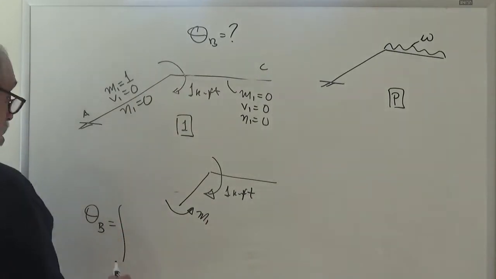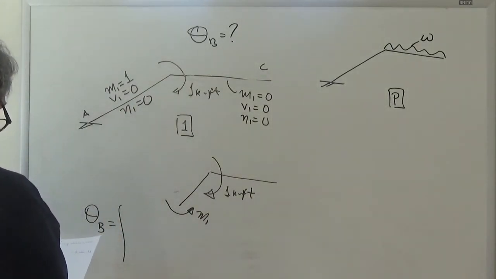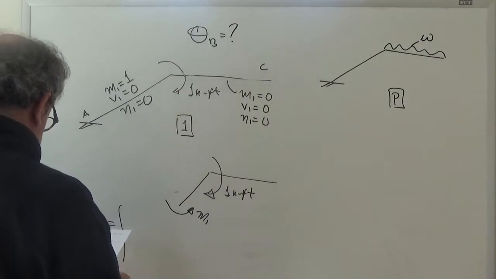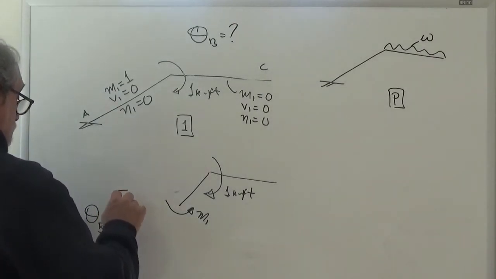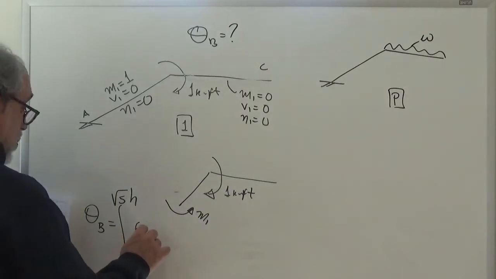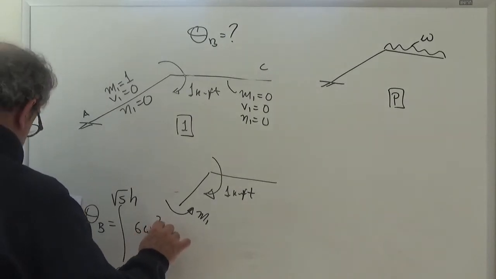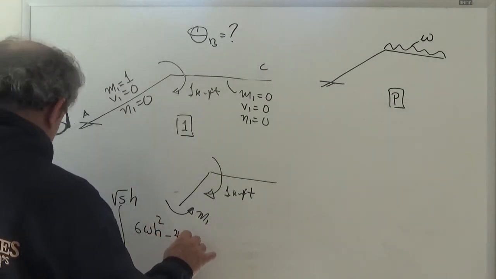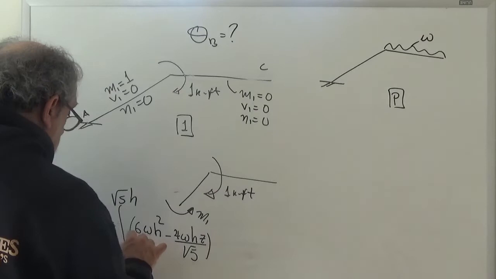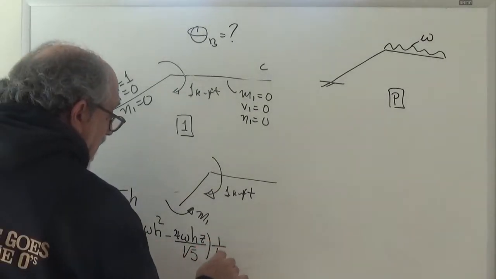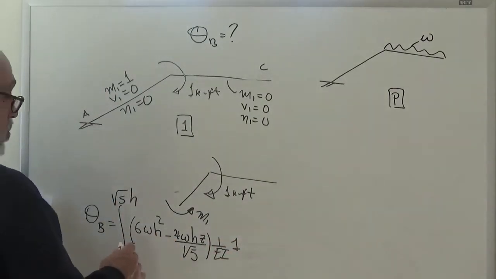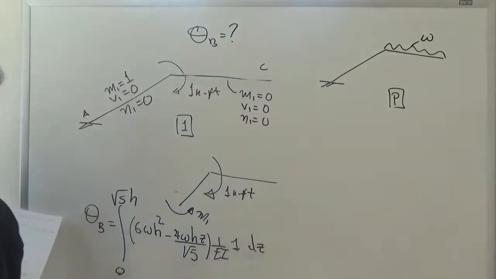And then, depending on whether we want to use Z or X, using Z would be the integral from 0 to square root of 5h of our moment that used to be 6WH squared minus 4WH Z over square root of 5. That was our MP over EI multiplied times our M1, which is just 1. We're integrating in this case with Z, so that's just directly dZ, right?